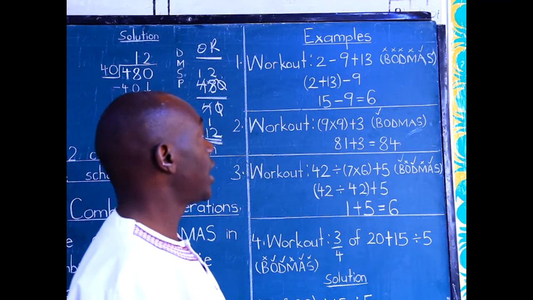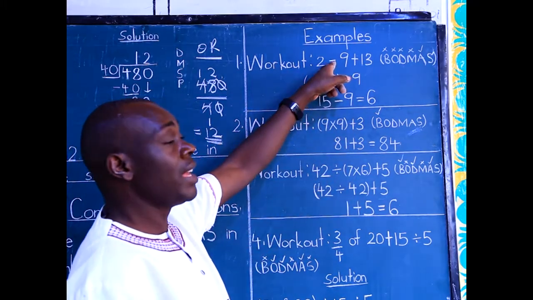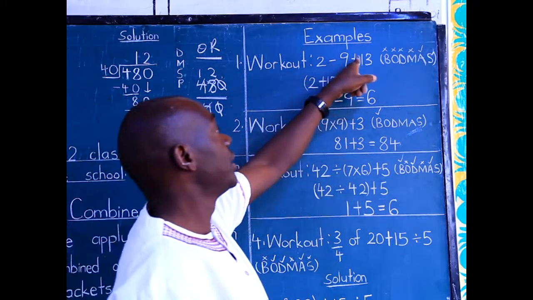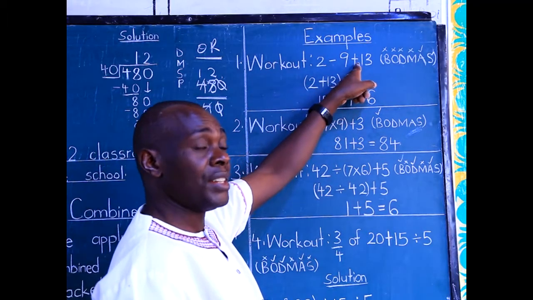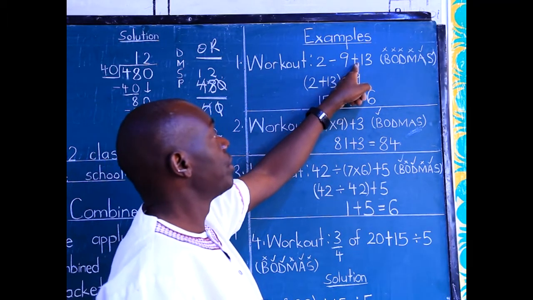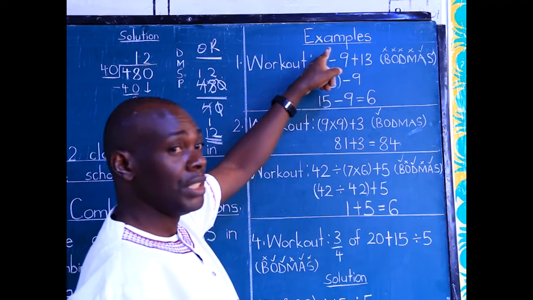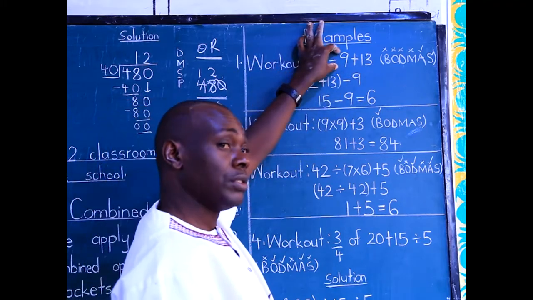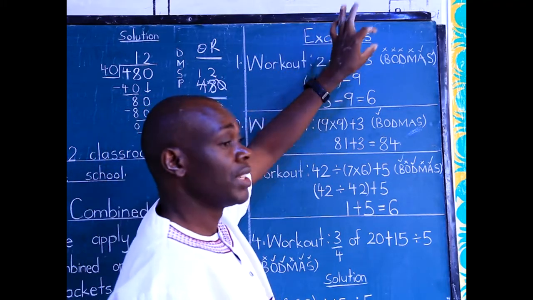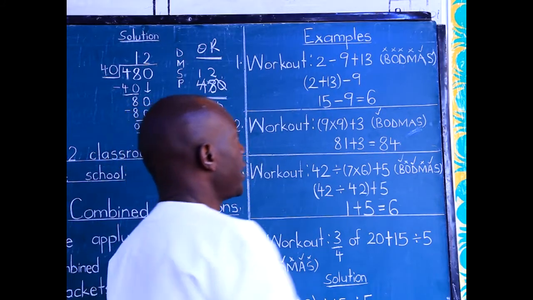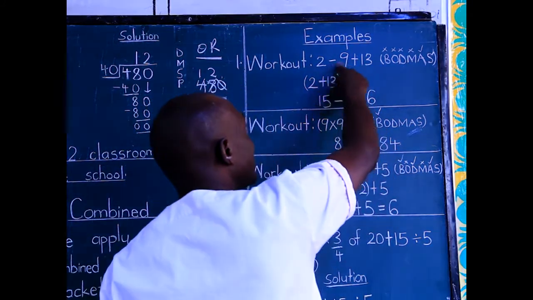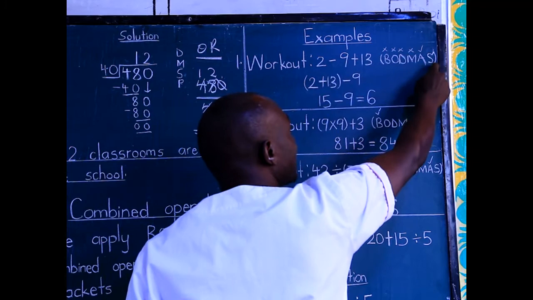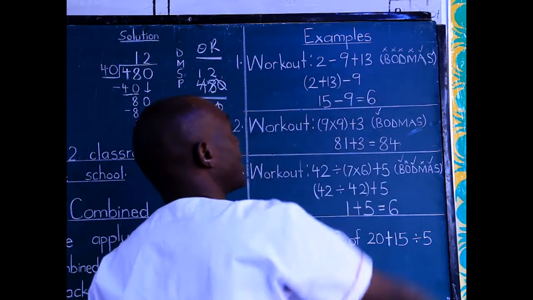So we change the order only if the subtraction operation leads the addition one. Please, we change the order only if the subtraction operation leads the addition one. So like it is here, the minus will come last because S is the last, subtract 9 last.